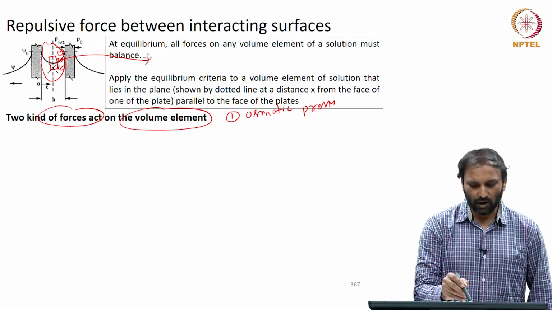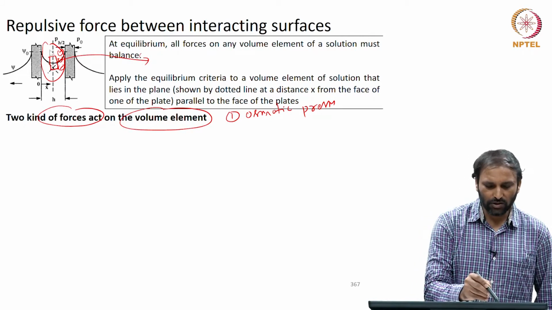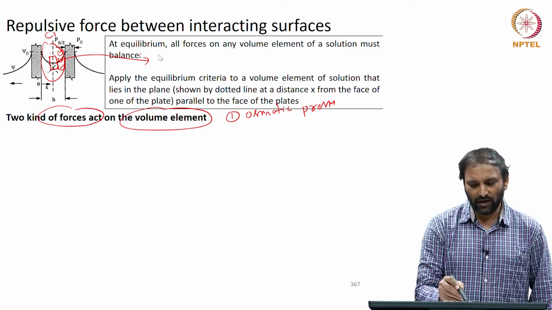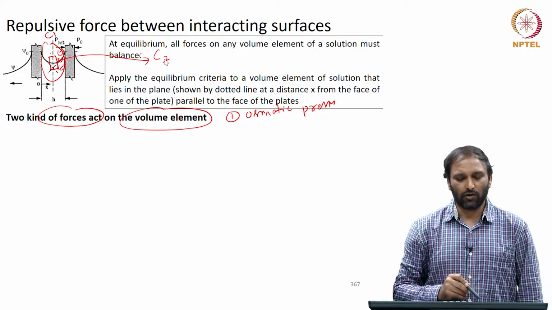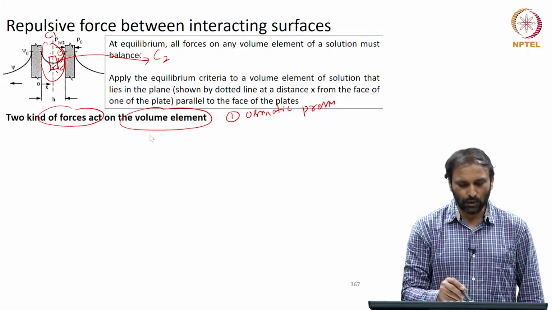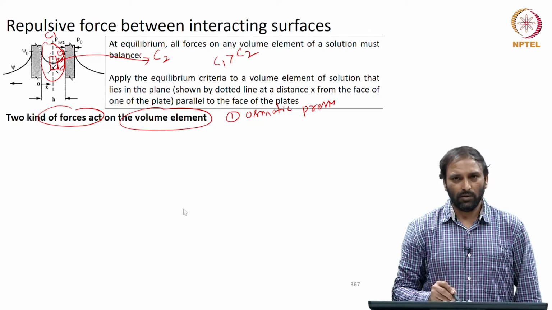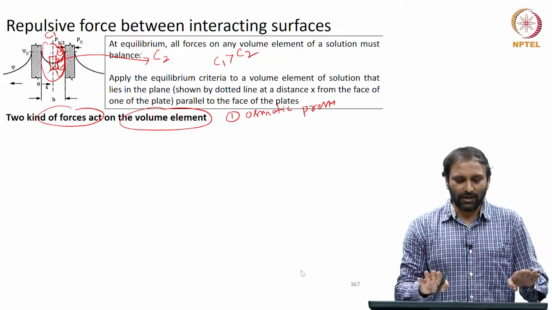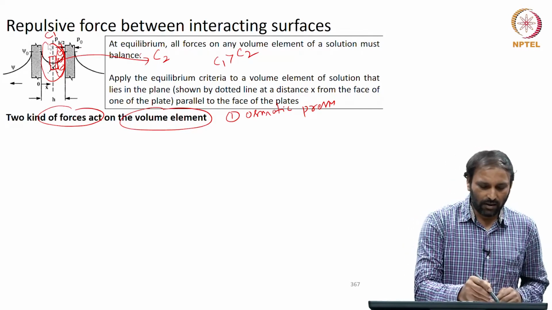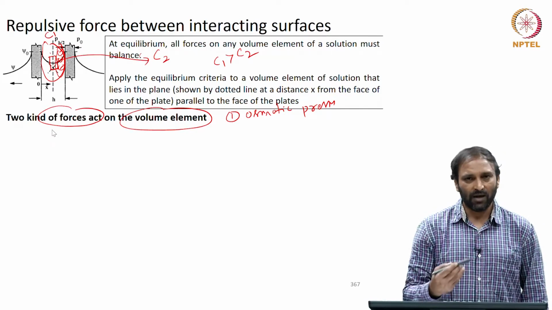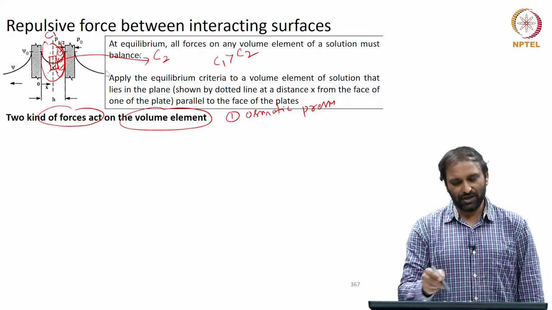If I think about the concentration of the electrolyte in the region between the plates as C1, and the concentration of the electrolyte in the region outside the plates as C2, then C1 would be greater than C2, because the gaps are small and the number density of ions in the gap would be larger compared to the region outside.